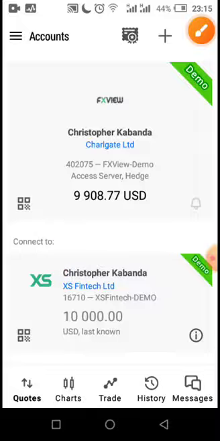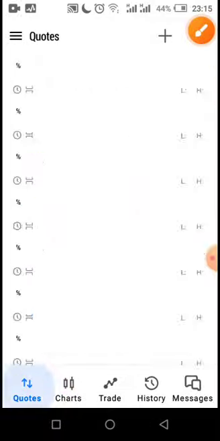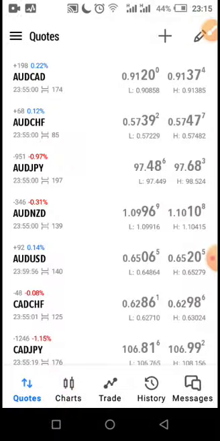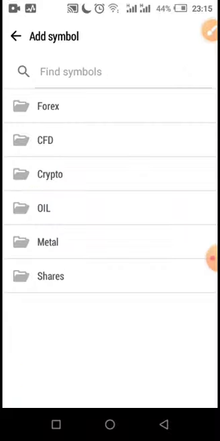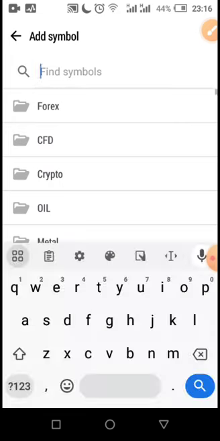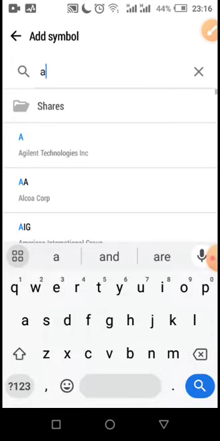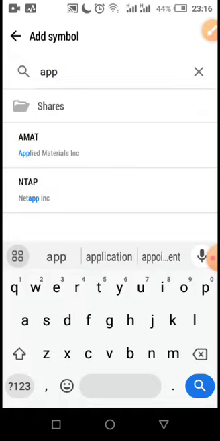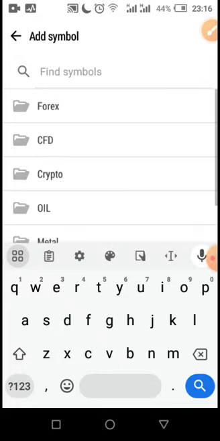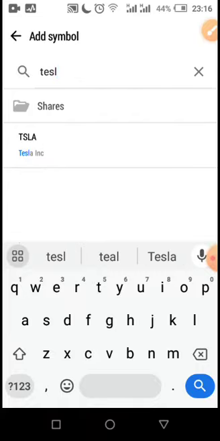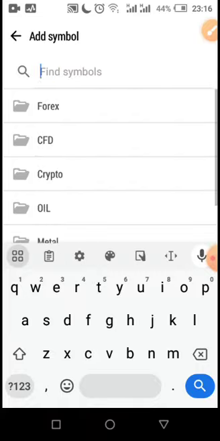Even though XS is B booking, the trading won't be too bad since the regulation is still tier 2 level regulation of FSCA. And since it's a B booking broker, XS.com will have cheaper trading costs.